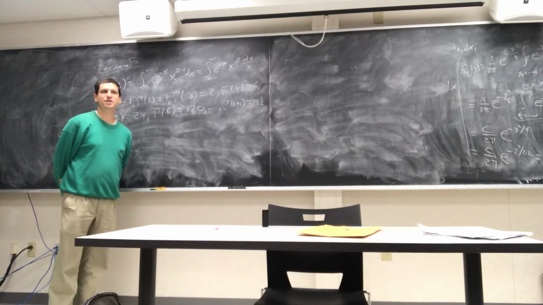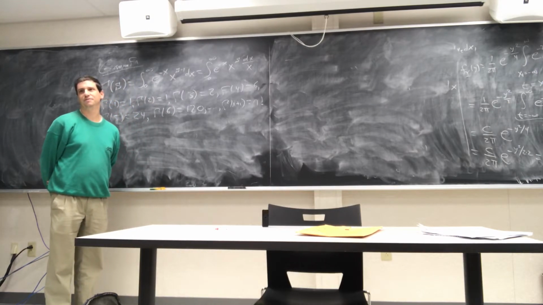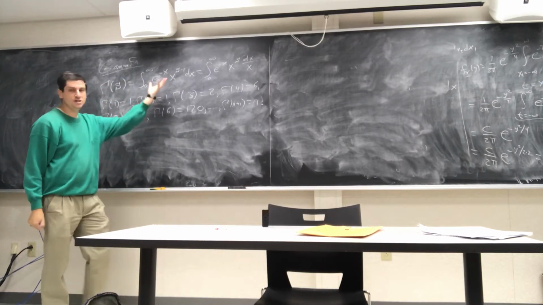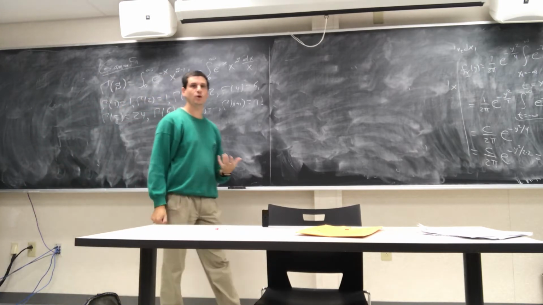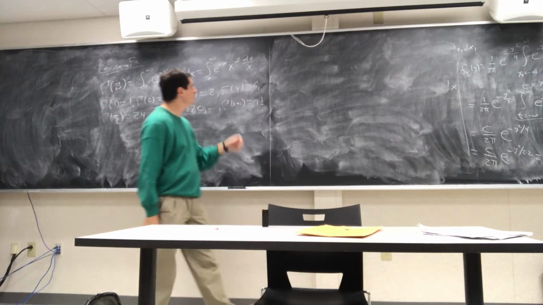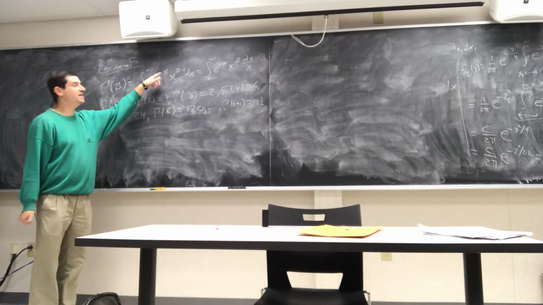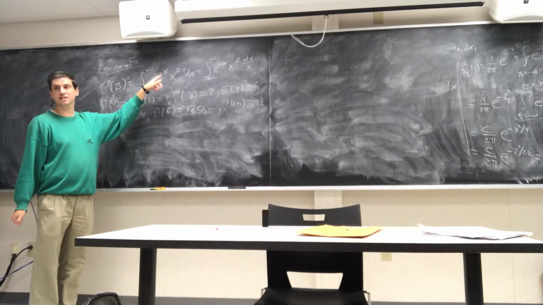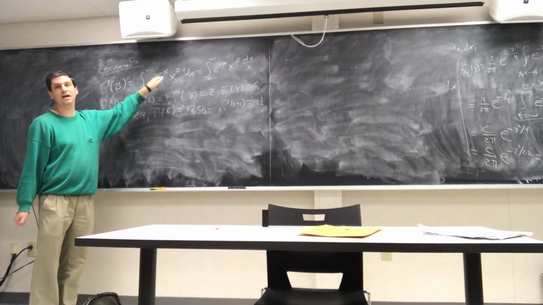So it's a little bit annoying that it's offset by 1. The first thing, whenever you see an integral, is you want to make sure the integral is well defined. So when you look at this, the fact that I have an e to the negative x, that's really good as x gets large, because this is exponential decay.